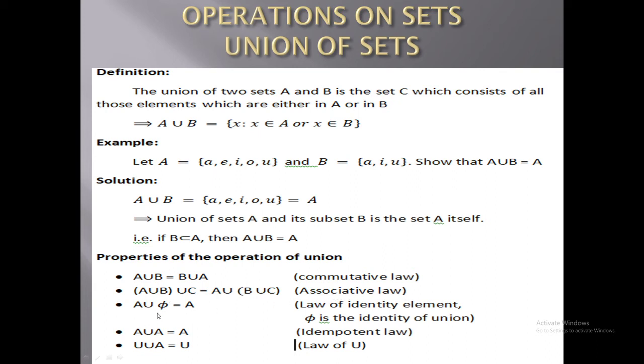A union phi equal to A. Law of identity element. Here phi is the identity of union. A union A equal to A. Idempotent law. U universal set: U union A equal to U. This one is called law of U. So move on to next one.